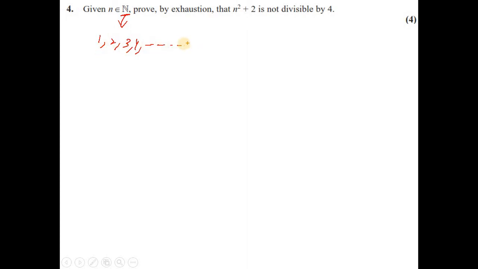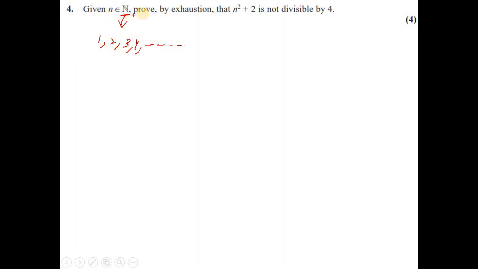So all the positive whole numbers like that, decimals are not involved, 0 is not involved, and negative numbers are not there. So this is the symbol for natural numbers, starting from 1 to positive infinity.